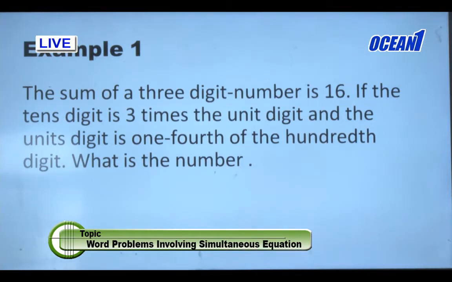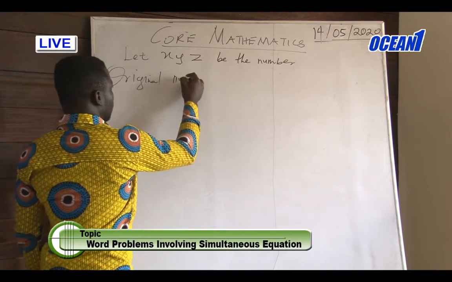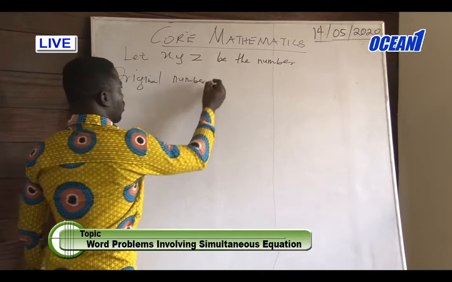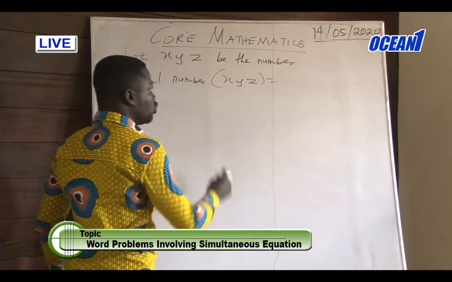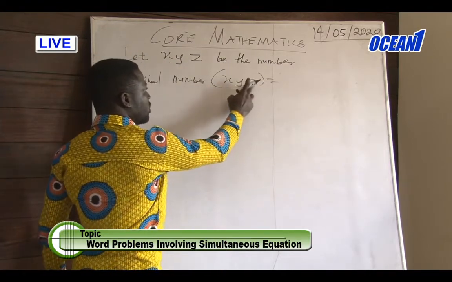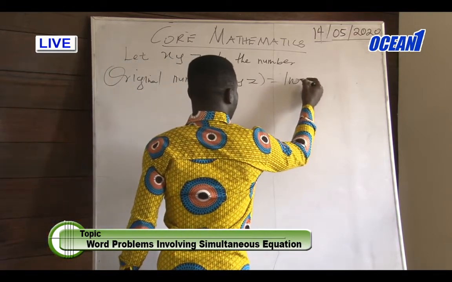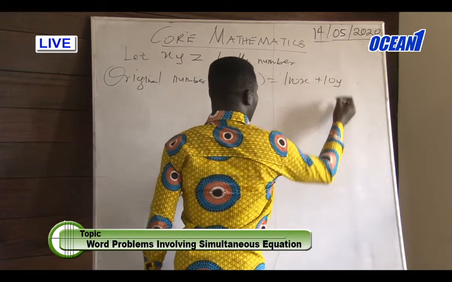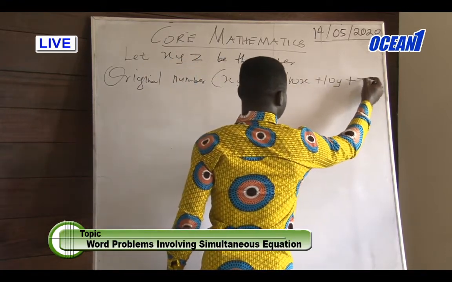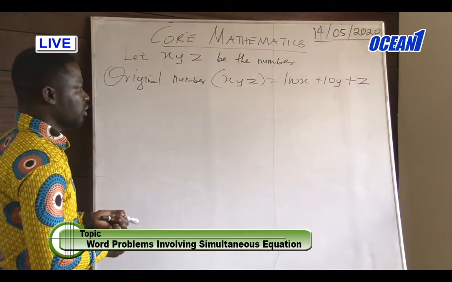It means that the original number, which is xyz, can be written as 100 times x, plus 10 times y, plus z times 1, or z alone without the 1.